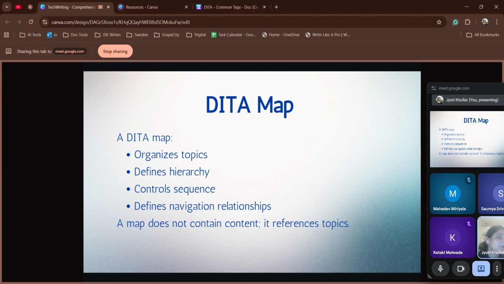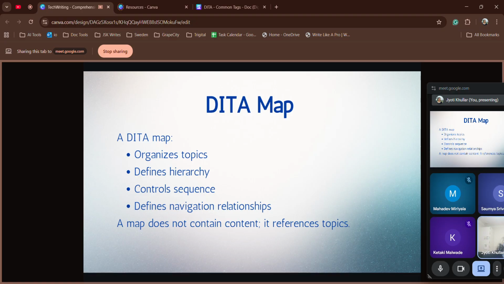So it defines hierarchy. Basically, it will put those information typed टॉपिक्स, चंक्स, मॉड्यूलर टॉपिक्स, उनको वो लाकर एक हिरार्की देता है कि कौन सी चीज कहाँ पे प्लेस होगी, कैसे प्लेस होगी. So that's what DITA map does. It controls the sequence. So you do not use all the topics in a particular sequence every time. The sequence will be defined by the DITA map.